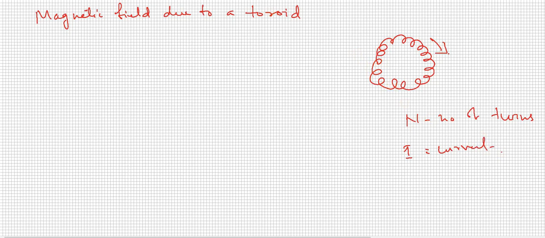For this, we are considering a circular loop to evaluate Ampere's circuital law. This is a closed loop we are considering. We already know the Ampere circuital law: the closed integration B dot dl is equal to mu naught times the total current enclosed.